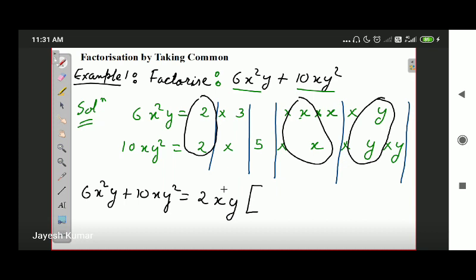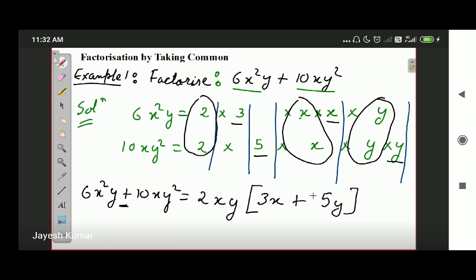All the remaining constants and variables, after being multiplied, will be put inside the bracket. So what is remaining in the first expression? 3x. What is remaining in the second expression? 5y. What was the sign in between them? It was positive.